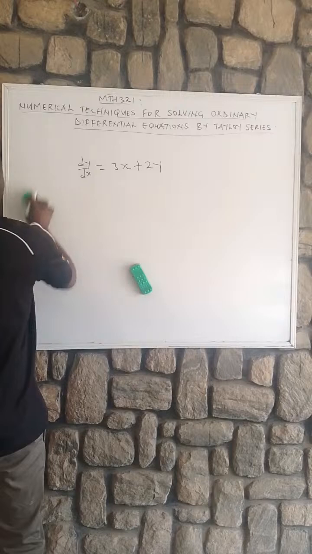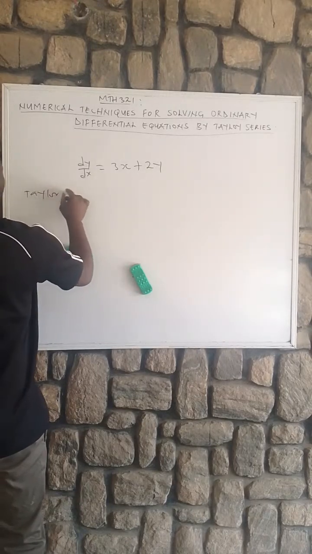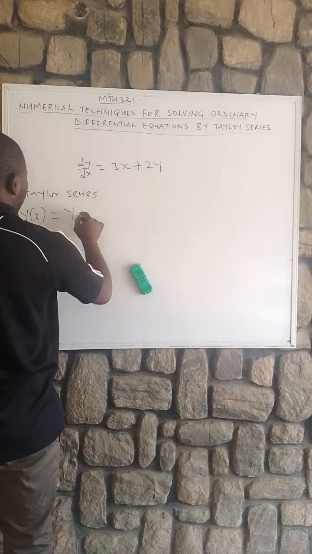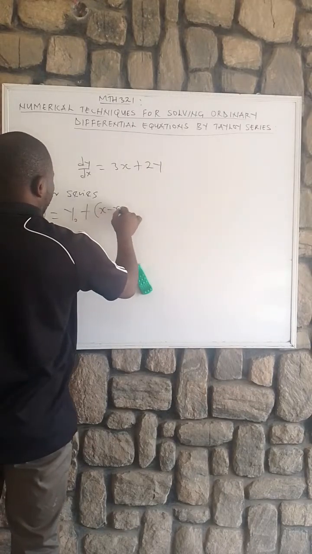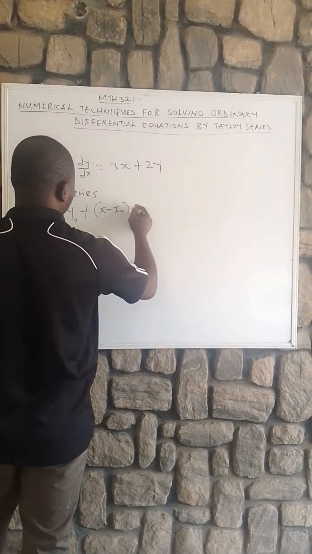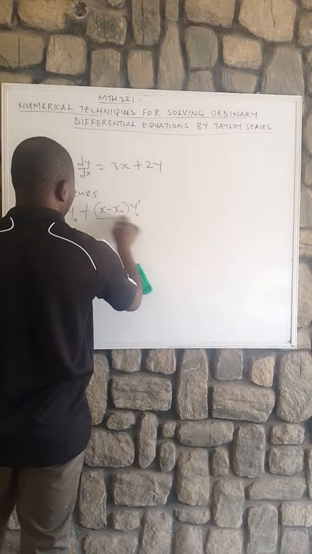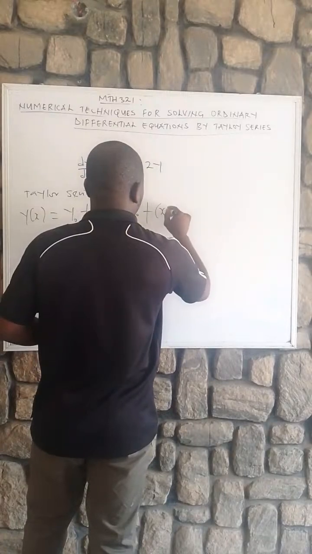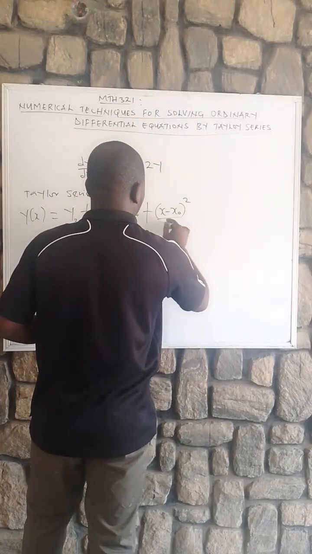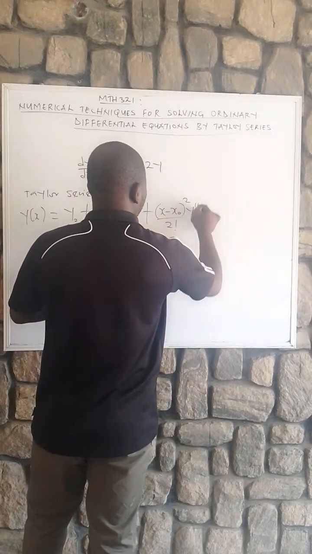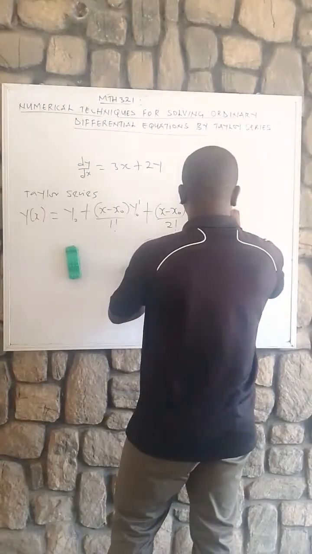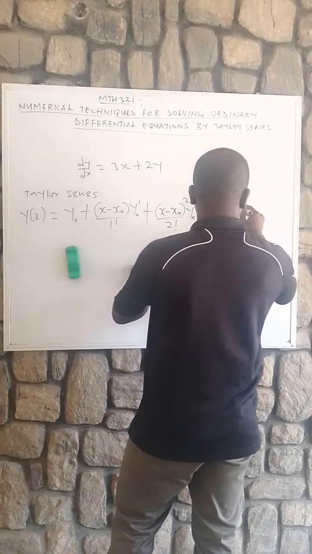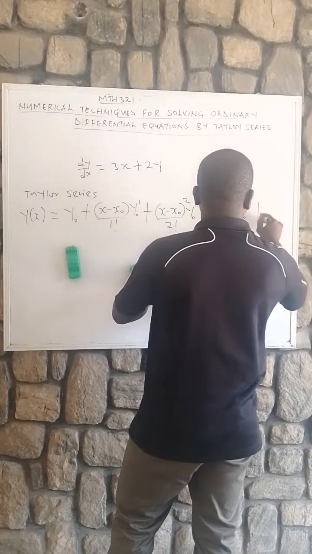Taylor series is of the form y of x is equal to y naught plus (x minus x naught) times y naught prime over 1 factorial, plus (x minus x naught) squared over 2 factorial times y double prime naught, plus (x minus x naught) cubed over 3 factorial times y triple prime naught, plus and so on.